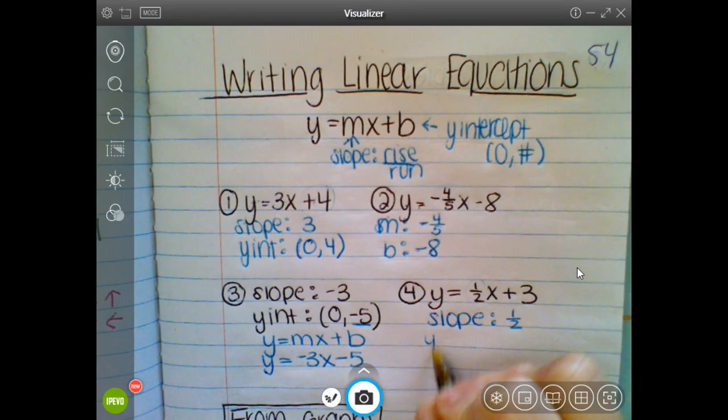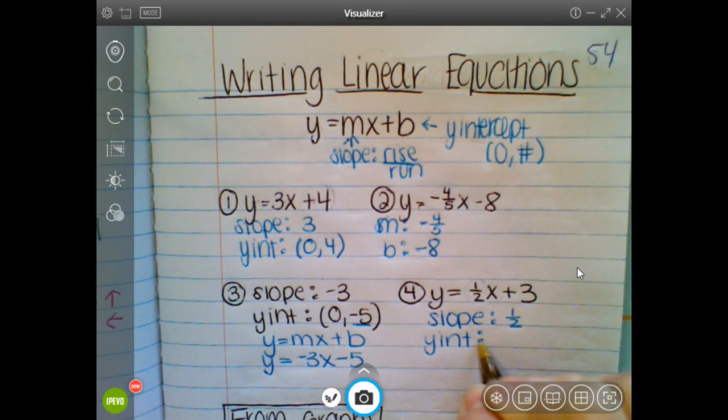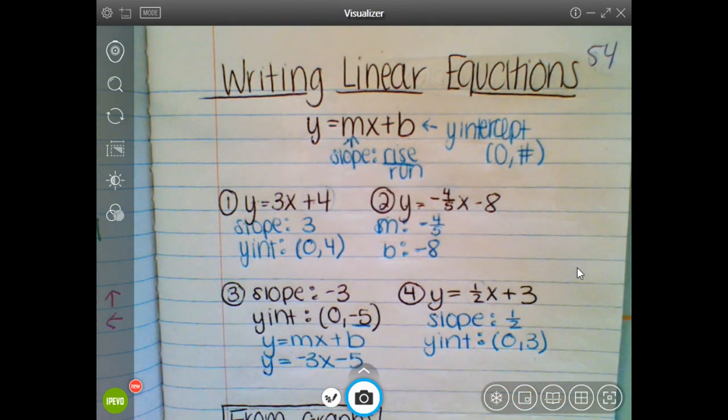And my y-intercept is my b. Well, where's my b? Y equals mx plus b, so it's 0, 3. Remember, not just 3, 0, 3, because they asked for the y-intercept.